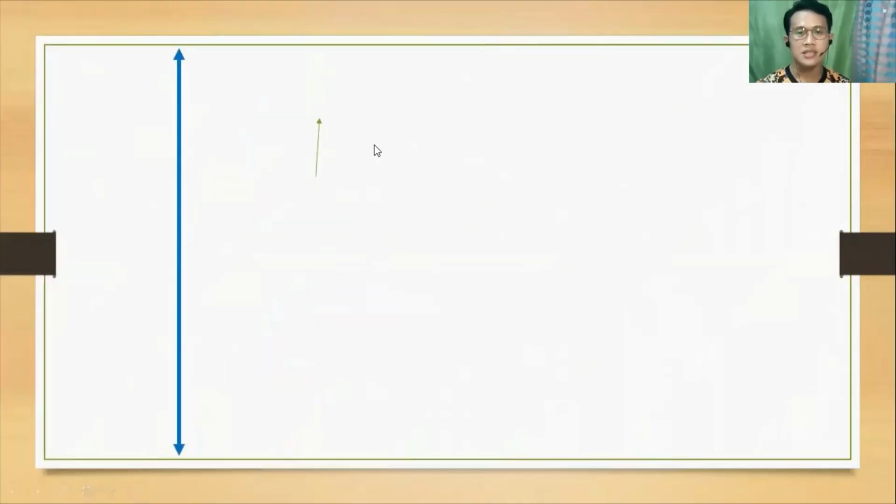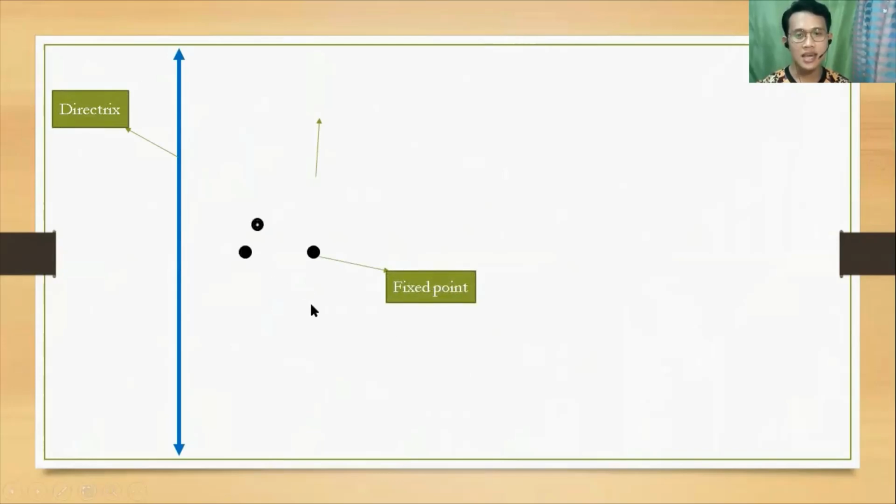Okay. So let's say we have, suppose this is our fixed line, which is the directrix, and up here our fixed point, which is the focus. And let's say this point here is a point within the parabola.